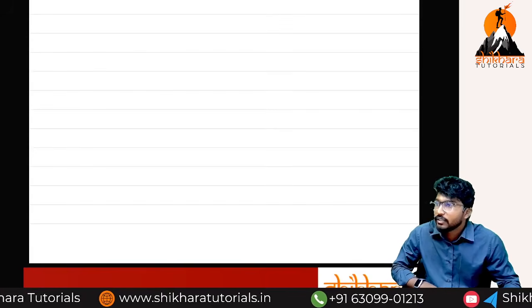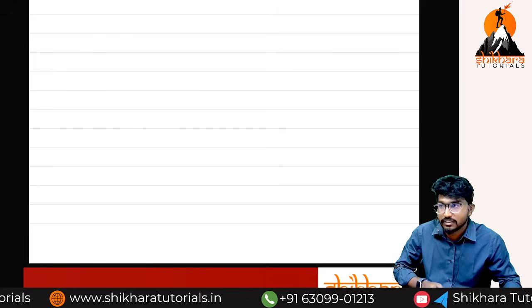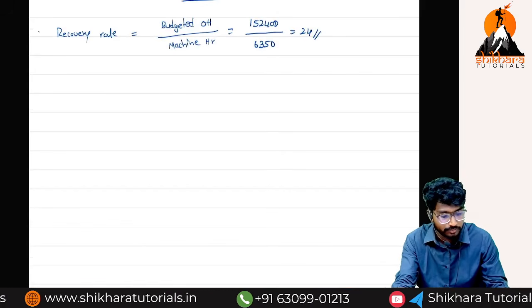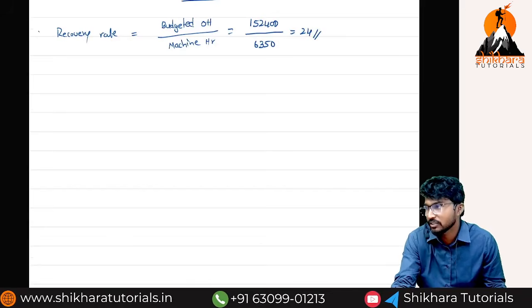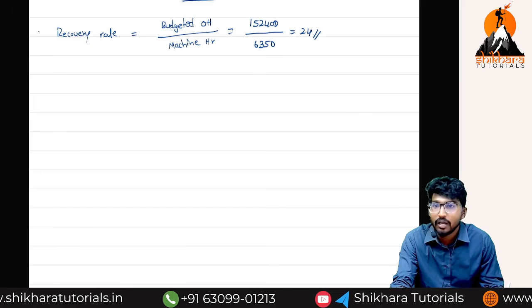Till now, what we did, we calculated the cost under which costing system? Traditional costing system. Now coming to the activity based costing system, what is the first thing we have to do? Calculate the cost driver rate.